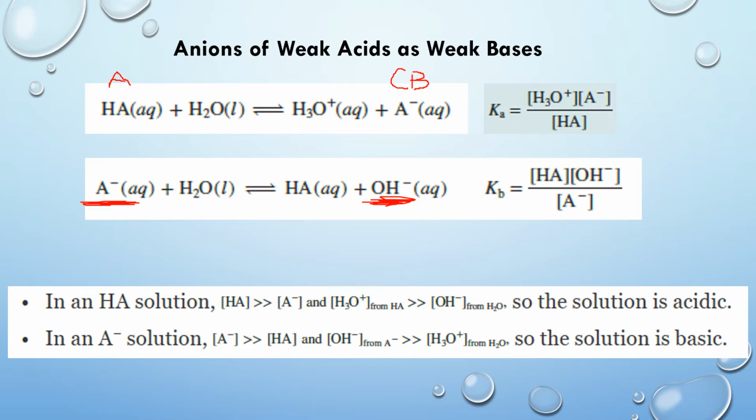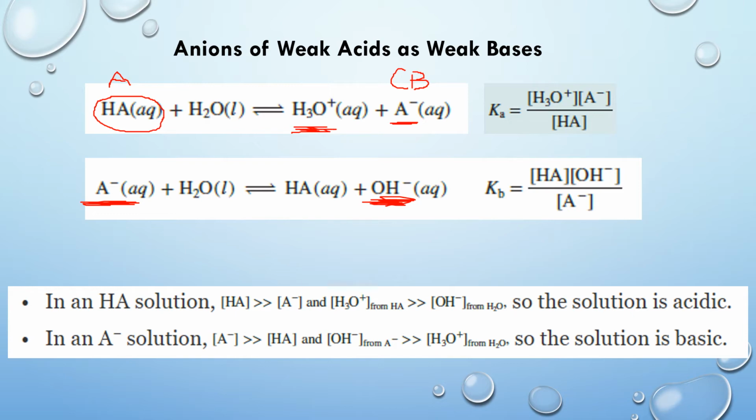If we start with a weak acid HA, because it's weak, the amount of A minus generated is going to be very small. If this A minus continues to react and generate hydroxide, because it's a weak base, the amount of hydroxide generated is going to be way smaller, even smaller compared to the amount of proton generated in the first step.